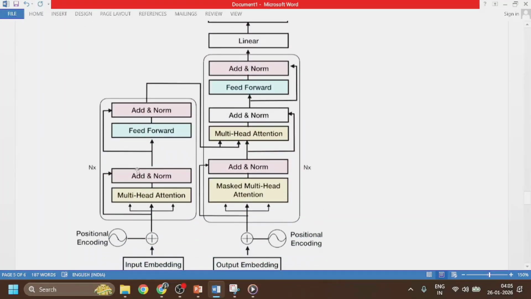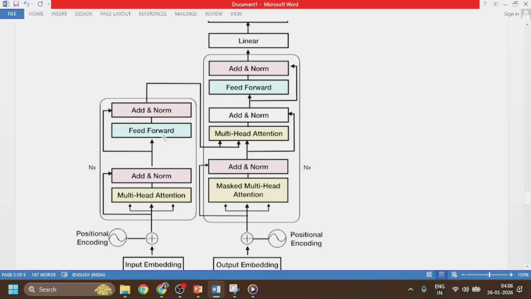Now after add and normalization, next comes the feed forward neural network. This is a simple neural network applied independently to each token. It helps the transformer transform the representation learned by the attention into a richer form.